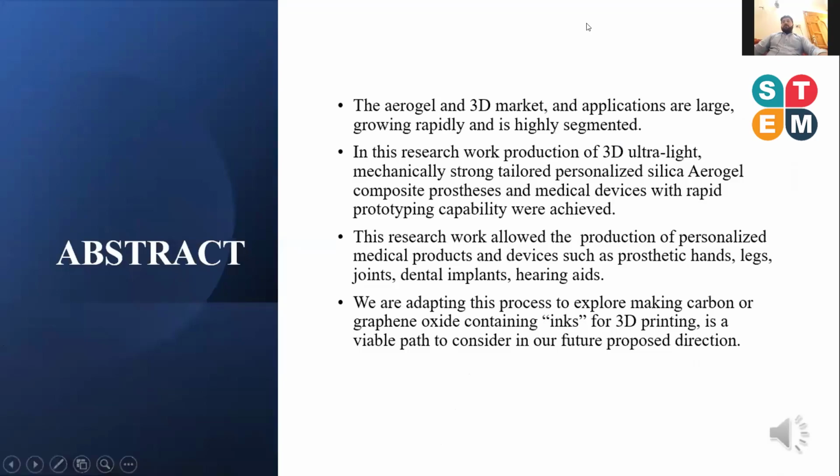Before going to the abstract of this presentation, we know that 3D printing is the most growing field of material sciences these days, with endless applications in different sectors.